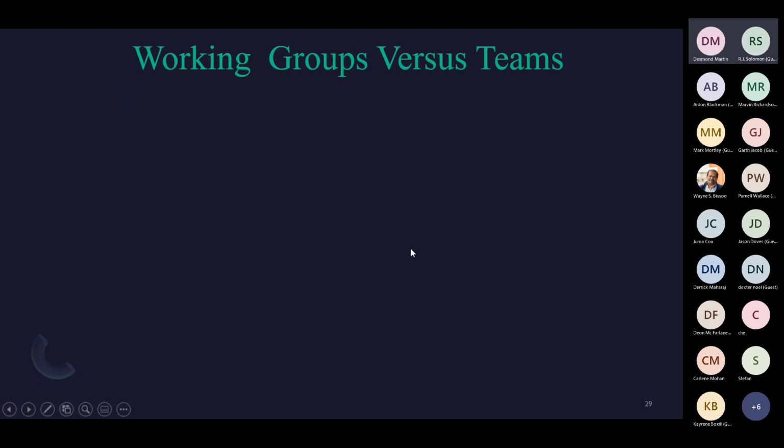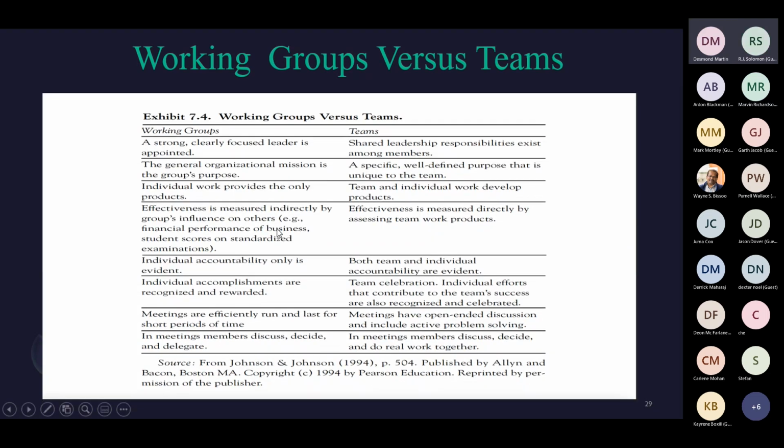So to expound on the video itself, this was taken from the text located on page 237. It's working groups versus teams.